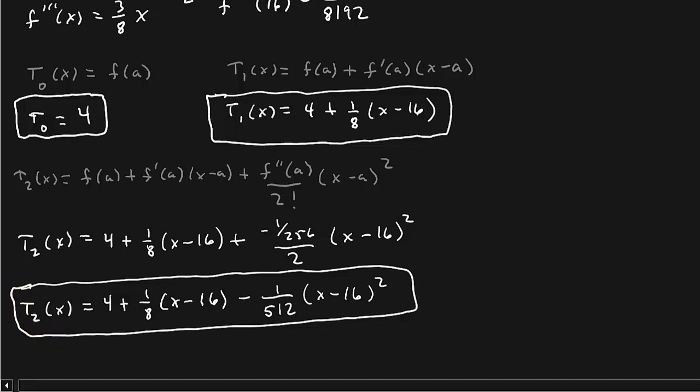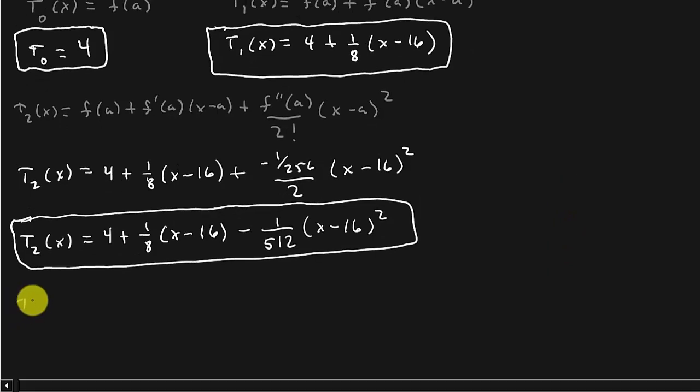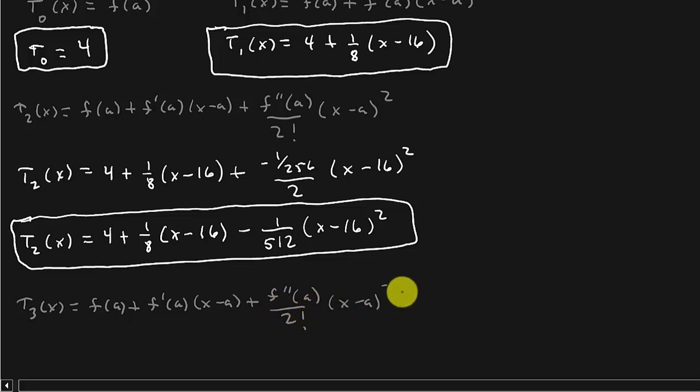And now let's find T3. So T3 of x is equal to f of a plus f prime of a times x minus a plus f double prime of a over 2 factorial times x minus a squared plus f triple prime of a over 3 factorial times x minus a to the third.